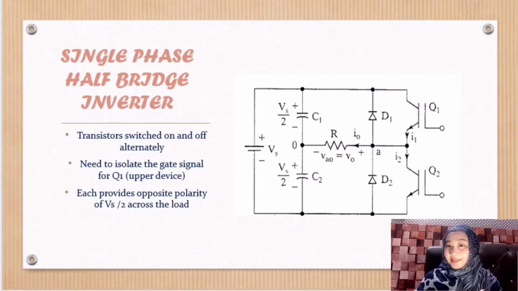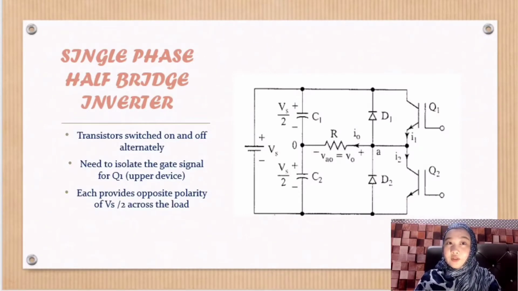Let's explain how to draw the circuit diagram of the inverter. First, we draw the DC supply. Second, the capacitors. The capacitor symbols C1 and C2 have the same length.